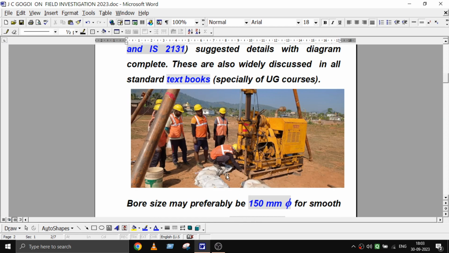You see in this machine, here one rod is there. In this rod, if we fix the undisturbed sampler and penetrate it under pressure, it will be totally static, there shall not be other forces.